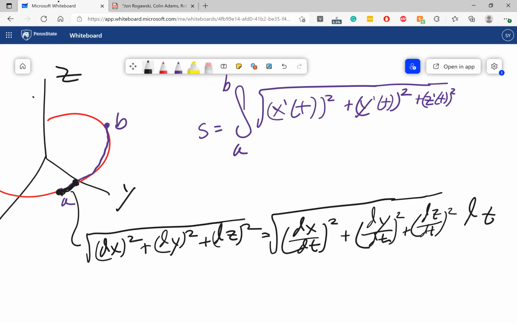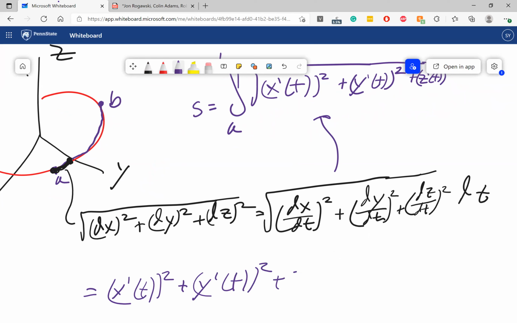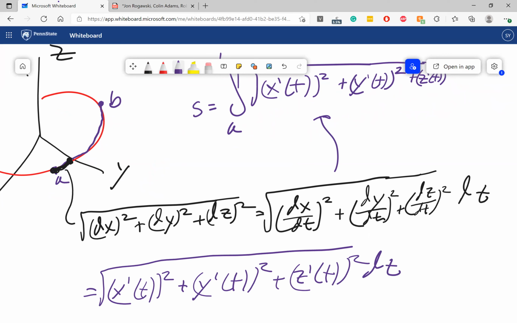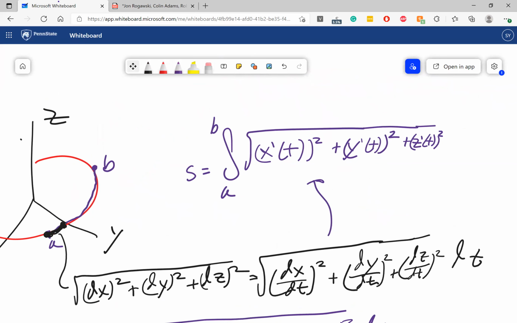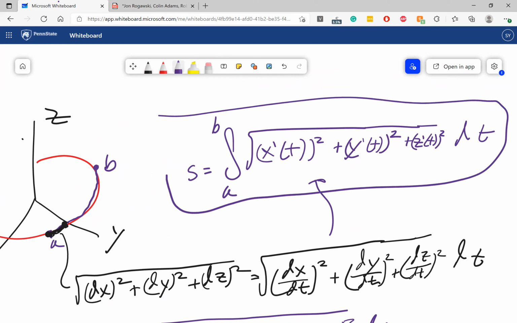But what is this? Well, this is just what we have over here. It is equal to the square root of x prime of t squared plus y prime of t squared plus z prime of t squared, dt. This was for a small step, but if you want to go from a to b, you just take the integral from a to b, and there's a dt over here. And that's how you can get this formula.